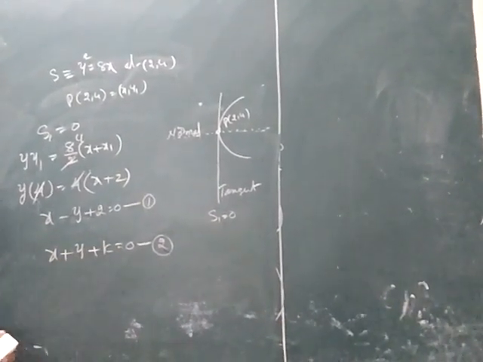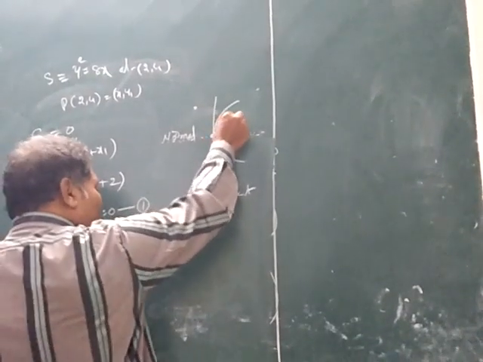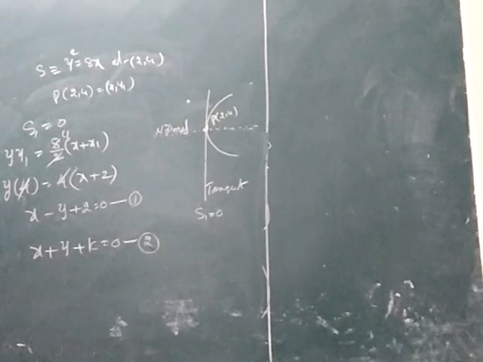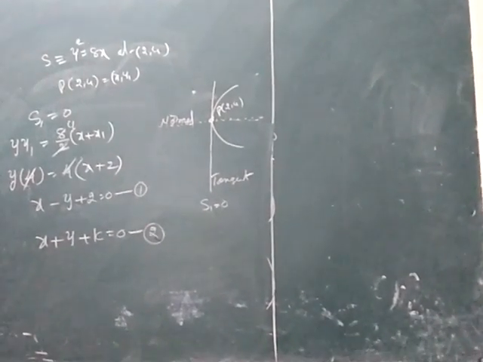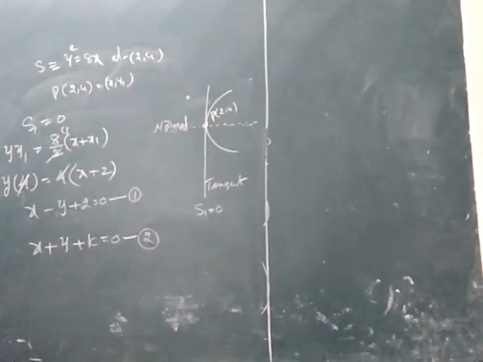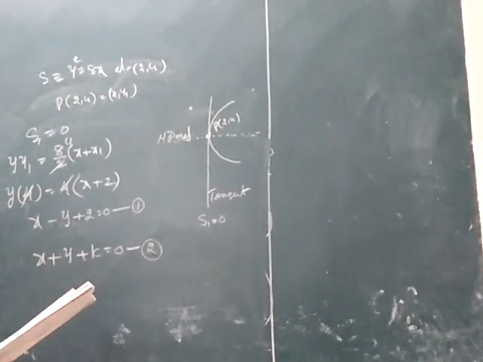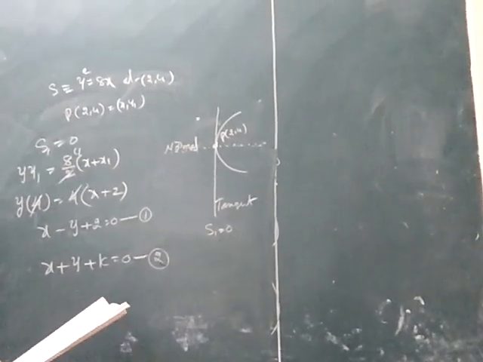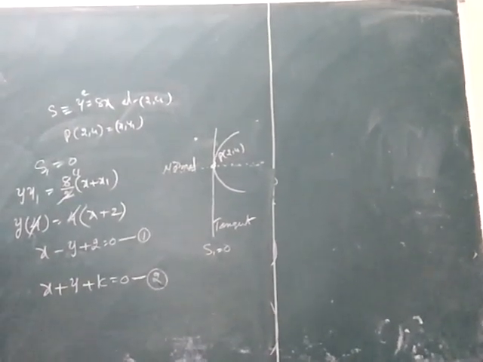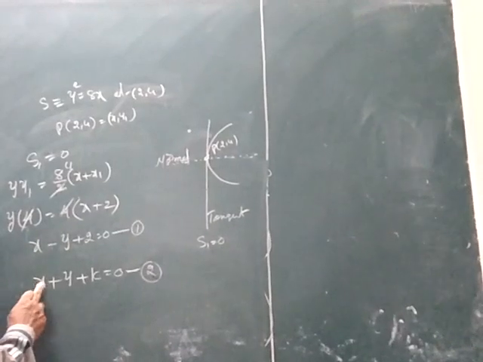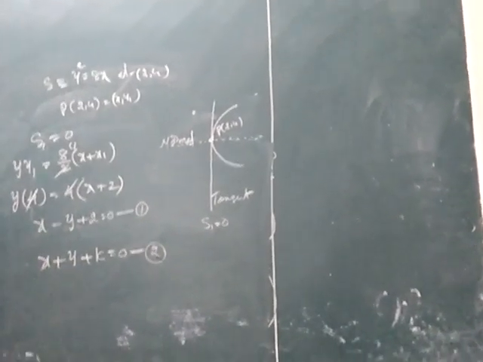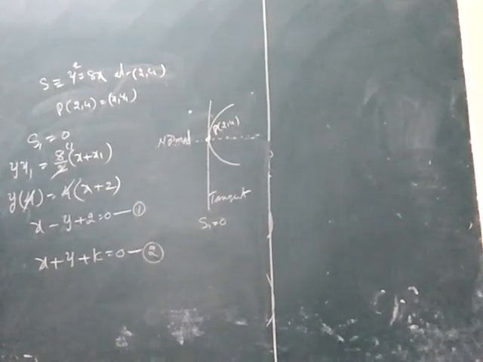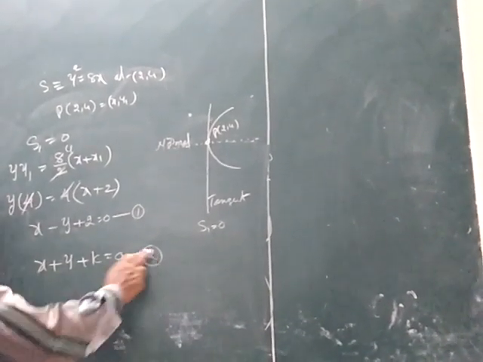For this k value, substitute this point, then we get the k value. Write down. Equation of the normal is x plus y plus k equal to 0, equation number 2.